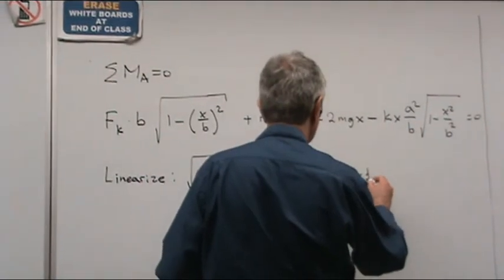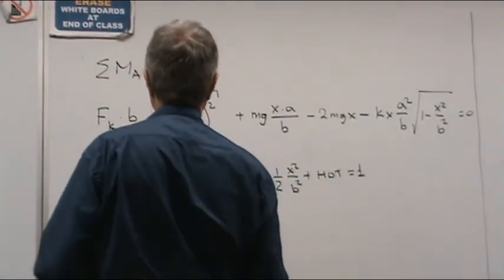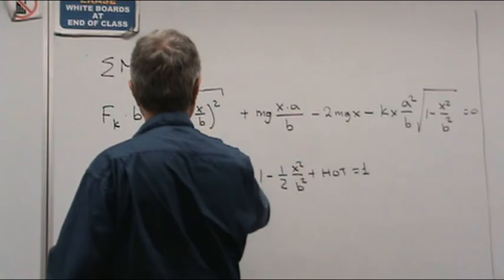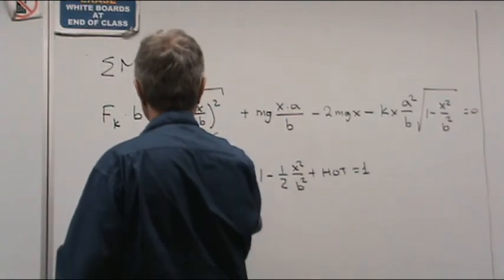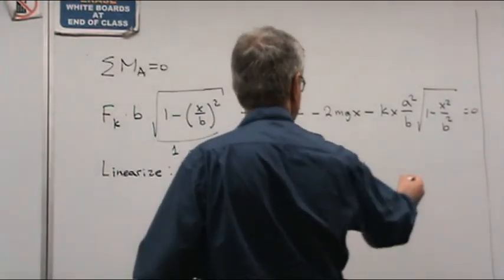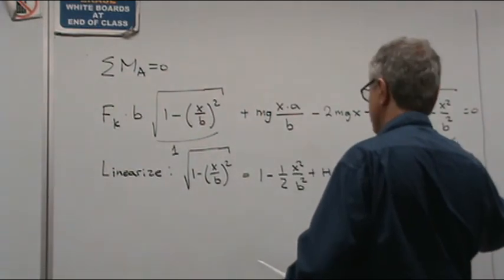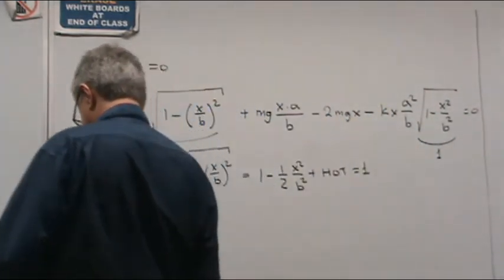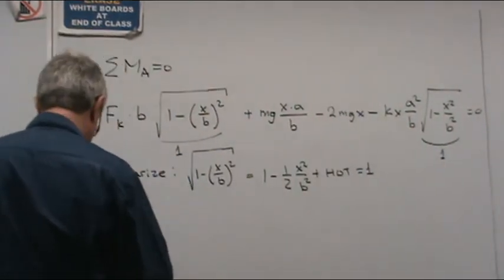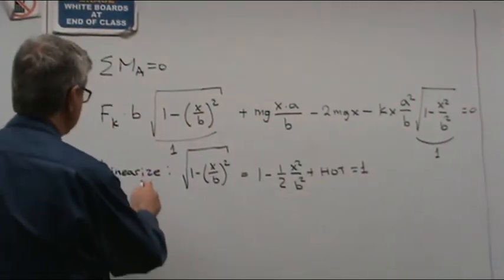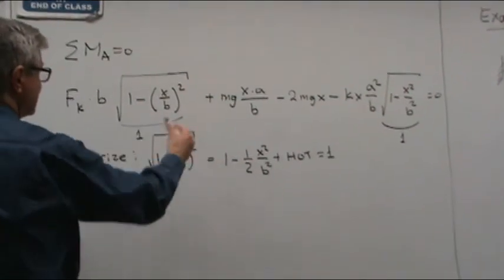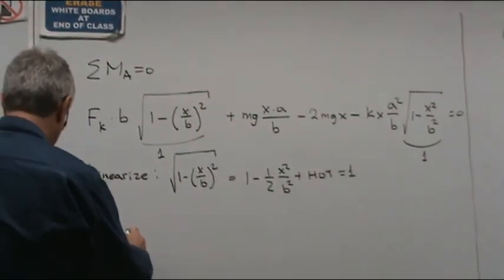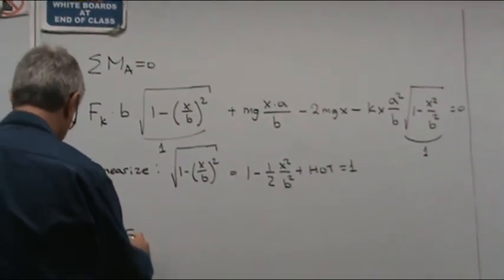So this can be assumed to be equal to 1. So this thing that is in the square root can be assumed to be equal to 1, and so can be this part. Okay? So if you do that, and you make this square root equal to 1, you can calculate F of k.